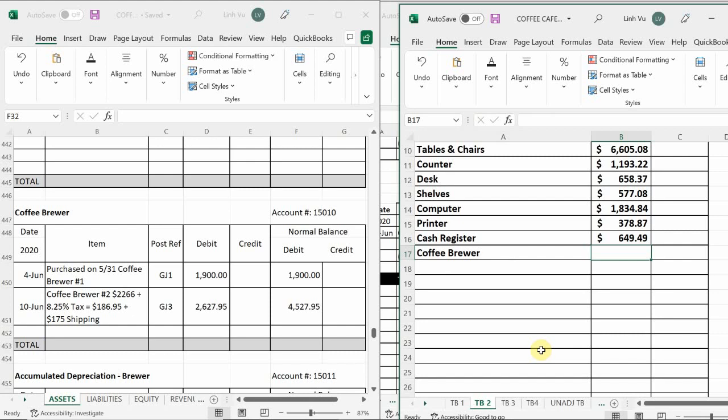So this is definitely different than the one that I had previously, because I just transferred this amount into my account as of June 10. So in this case, I have a grand total of coffee brewers of $4,527.95. Okay.